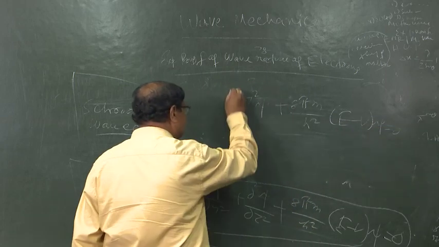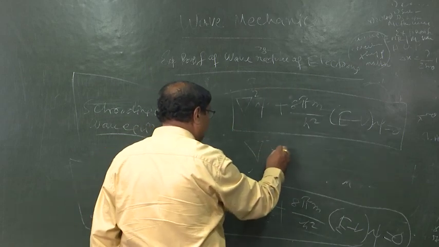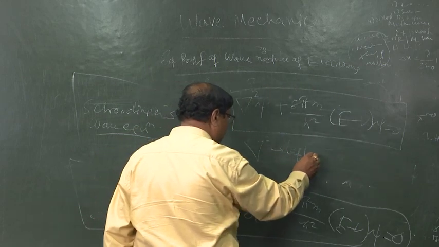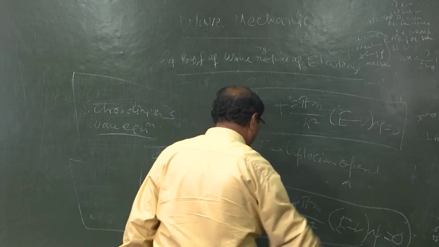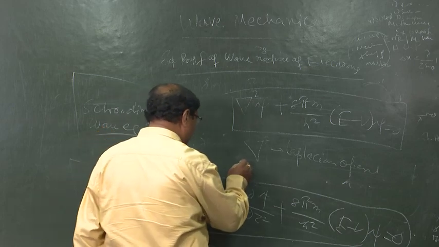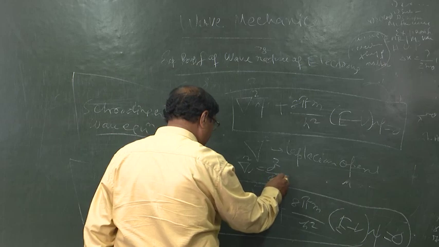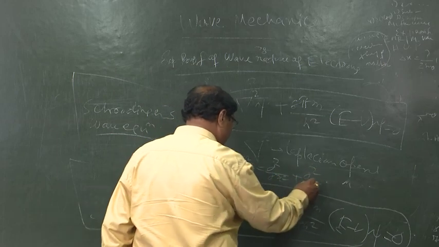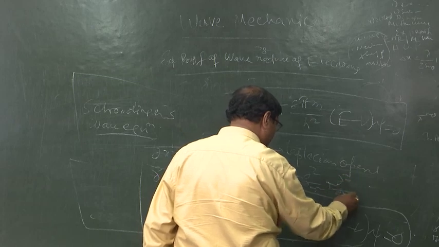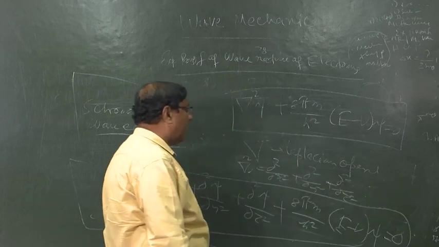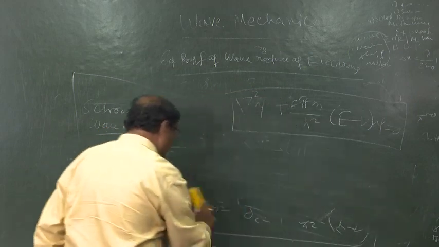This is also Schrodinger's wave equation, where del square is called the Laplacian operator, where del square is equal to d square by dx square plus d square by dy square plus d square by dz square. So this is the derivation of Schrodinger's wave equation.